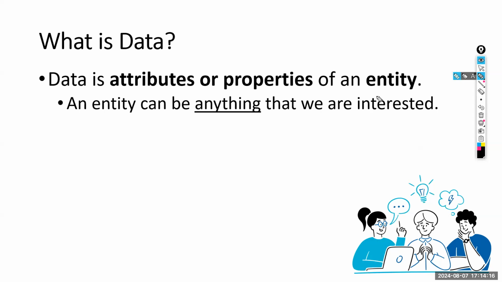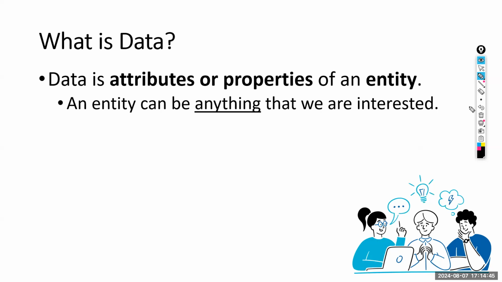So what is an entity then? Entity is a synonym for anything. The technical term we use in ICT for anything is entity. Entity is something that we are interested in.